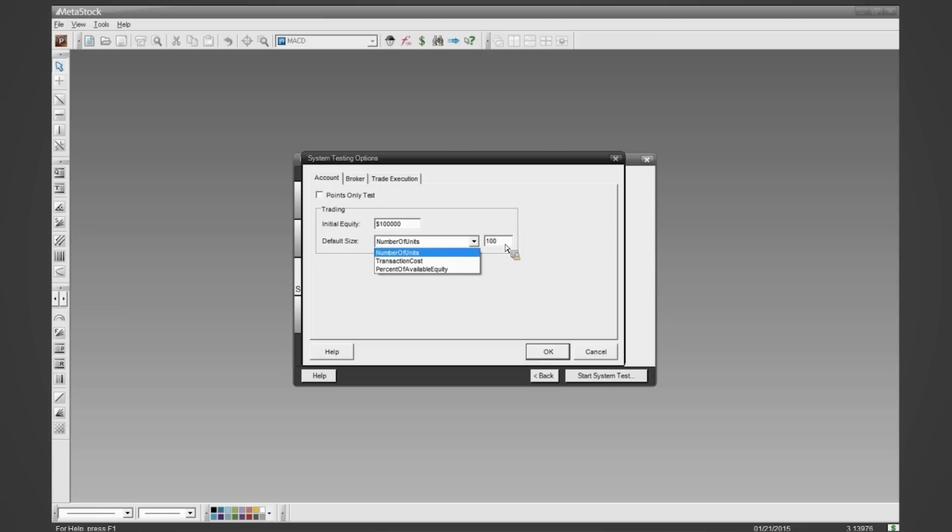Okay, so then what I like to use is you can say only trade X number of units. So if you only trade 100 units, or if you trade 1,000 or 10,000, whatever it is, you can set that specifically here. What I prefer to use is percent of available equity. And what percentage of available equity is if I say, well, I have 100,000 in my account, but I'm only willing to risk 25% of that in any given trade, or 5%, or whatever your risk tolerance is for your account, because we're not putting all of our money into every trade.